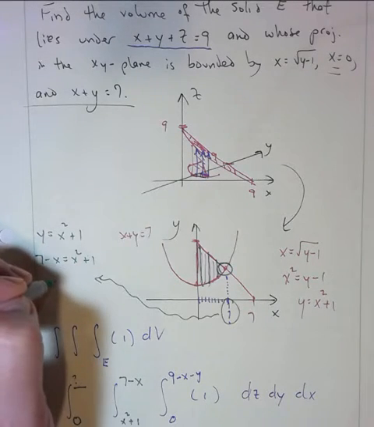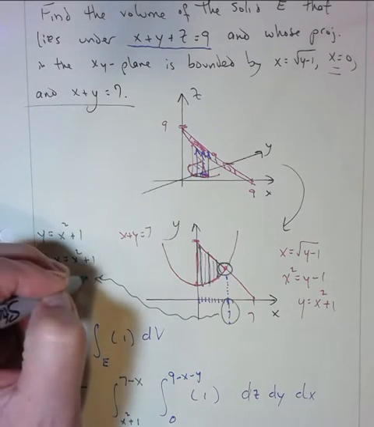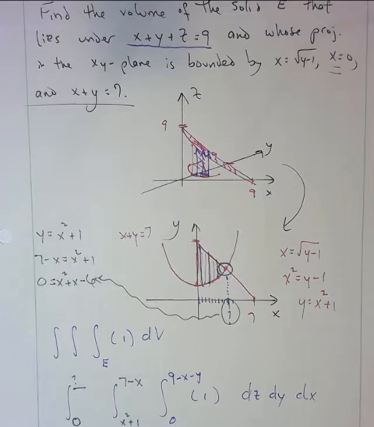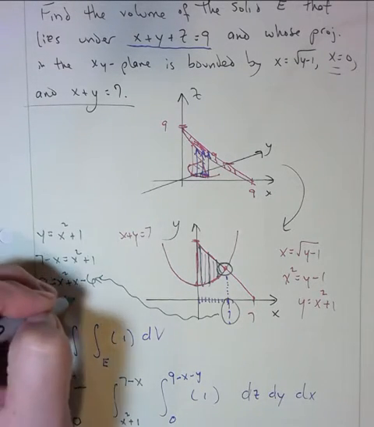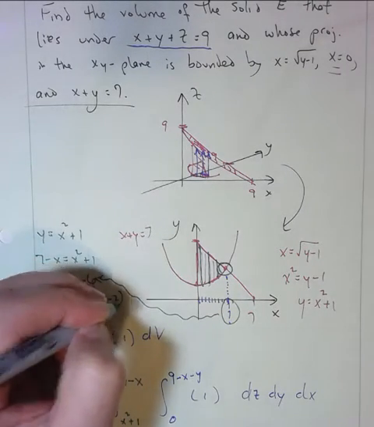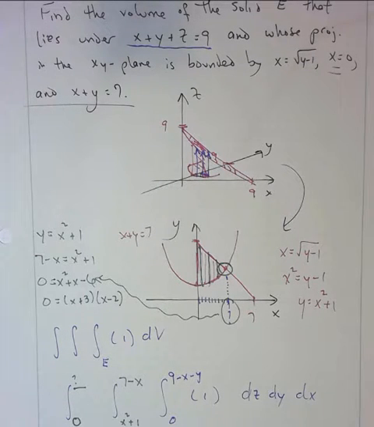And so we would have x squared plus x, let's collect all the constants, minus 6 equals 0. Turns out that factors, which is probably why they picked this line in the first place. Turns into x plus 3, x minus 2. And that means that our two options for the x-coordinate of that point are either 2 or negative 3.